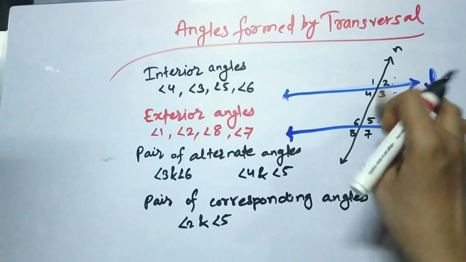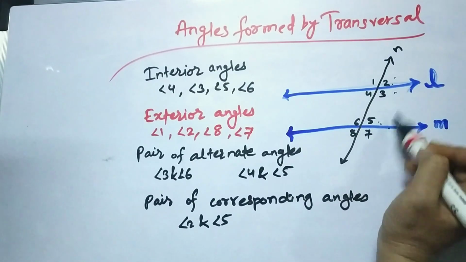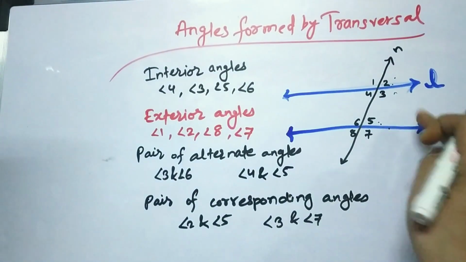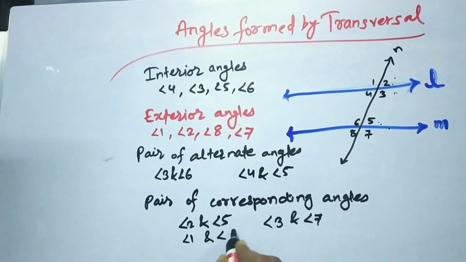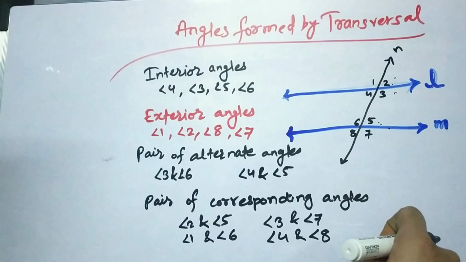So angle 2 and angle 5 are on the same side of this transversal line and they are above these lines. In the same way 3 and 7. If you see this side, 1 and 6, angle 1 and angle 6. In the same way 4 and 8. So these are pairs of corresponding angles.